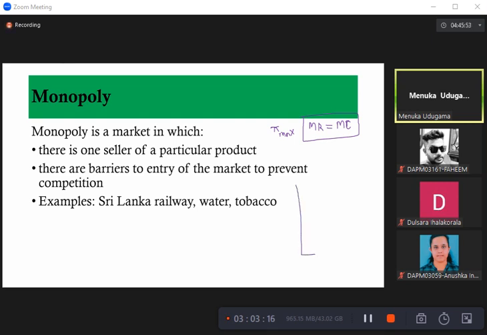Let's do that. We'll start with a familiar graph, price and quantity. And now we are going to draw the cost curves. What's the name of this curve?